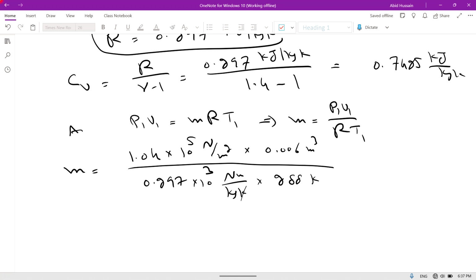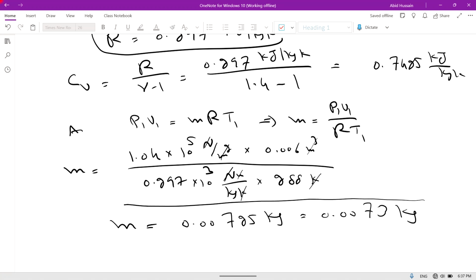Kelvin cancels with Kelvin, meter cube cancels with meter cube, Newton cancels with Newton, and with the double division the unit is kilogram. Simplifying 1.04 times 10 power 5 times 0.006 divided by these values, the mass is 0.00725 kg, and if we round this, it is 0.0073 kg. This is the mass.